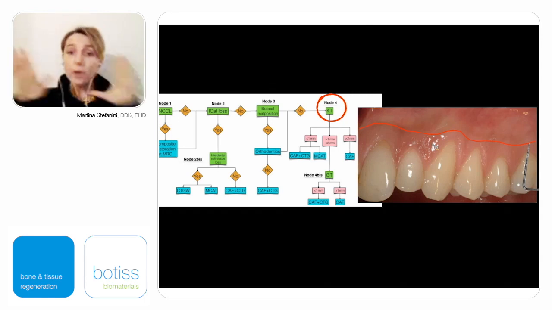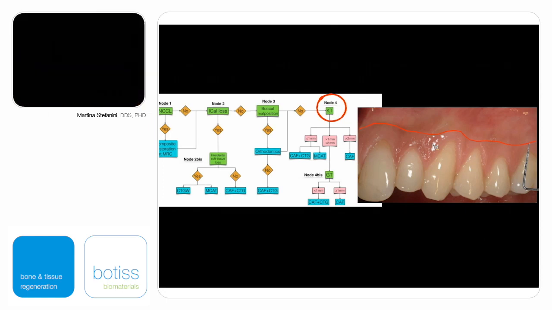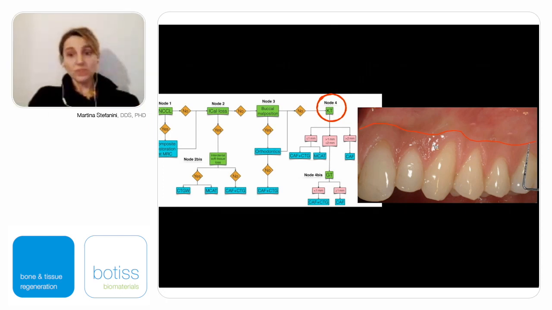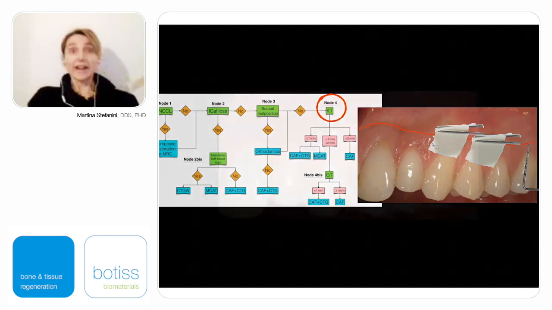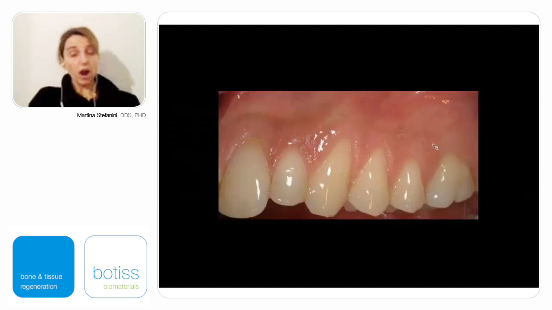And in the borderline situation, where we have only 1 millimeter of keratinized tissue, we can use the collagen matrix that will help us obtain the increase in soft tissue thickness, reducing the morbidity for our patient.